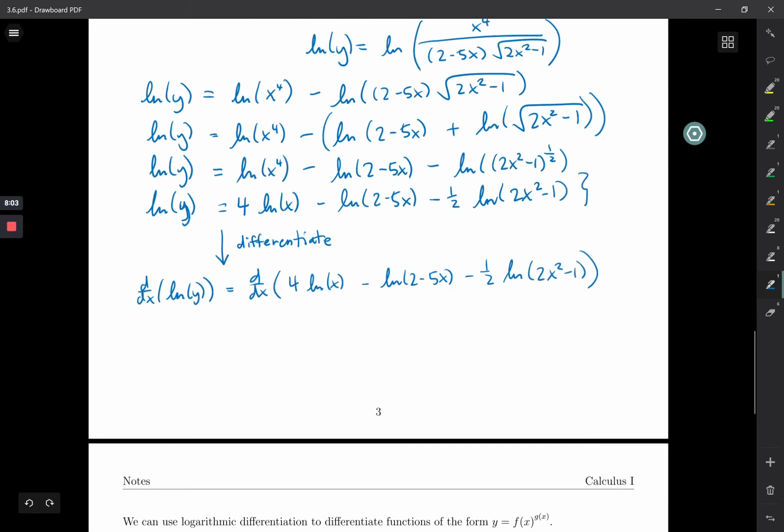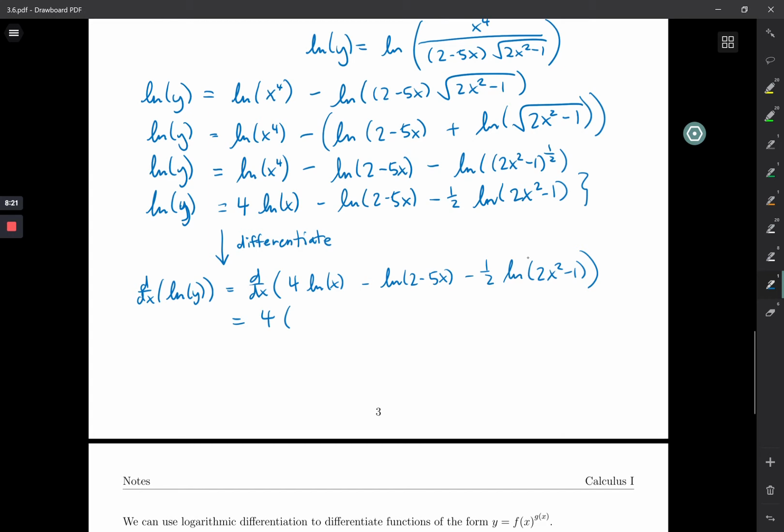Okay, so this is what we want to do. Everything on the right-hand side is just a function of x, so we really just treat that normally. We take the derivative normally. And so we'll just go through and do that, and we'll deal with the left-hand side in a second.